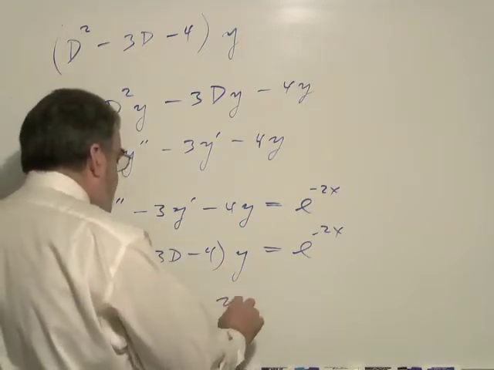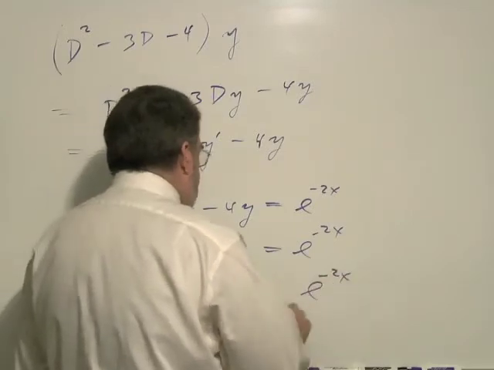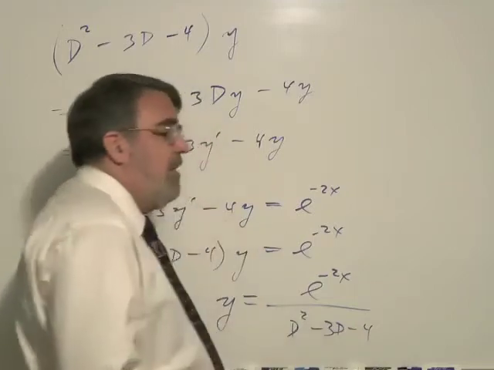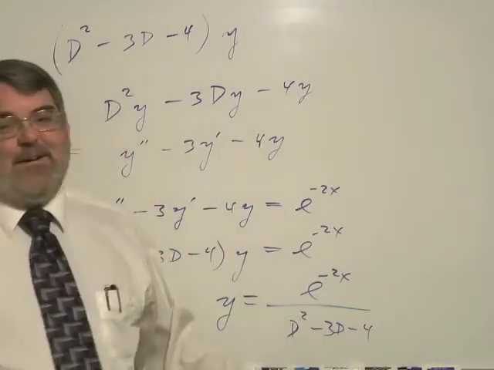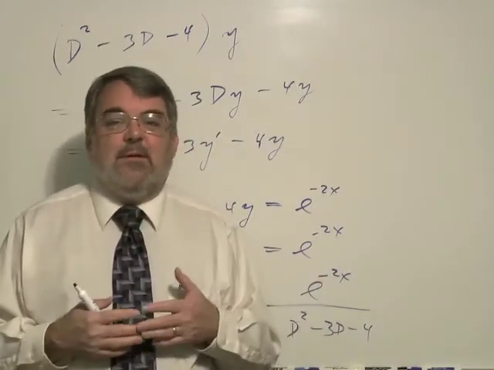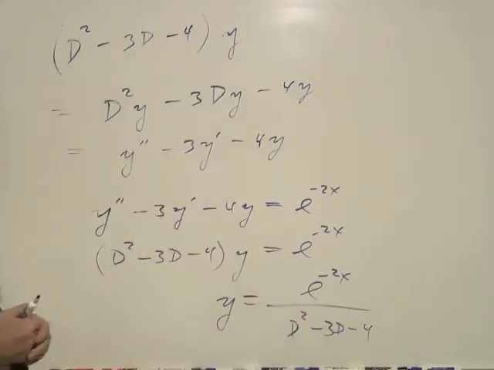Wouldn't I divide? In other words, y would be e to the minus 2x over D squared minus 3D minus 4. Then you have to think, what would it mean to divide here? In one strict sense, it's kind of meaningless. We can't really literally divide by an operator.